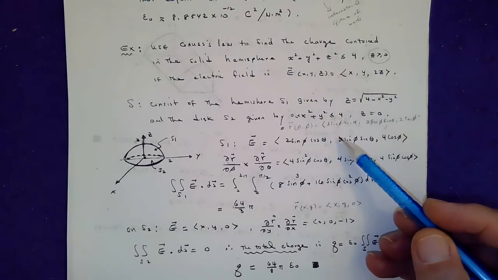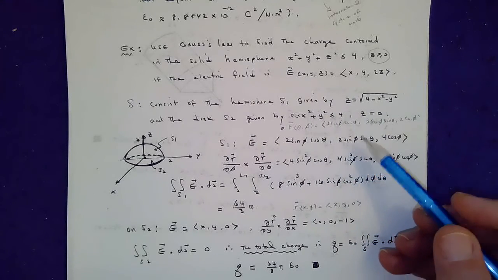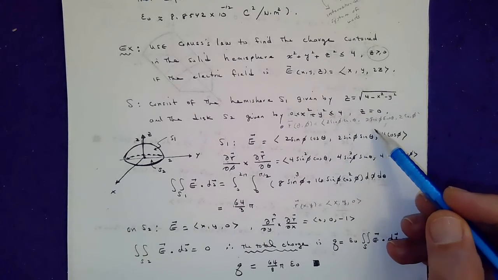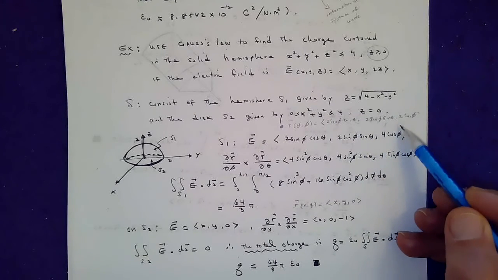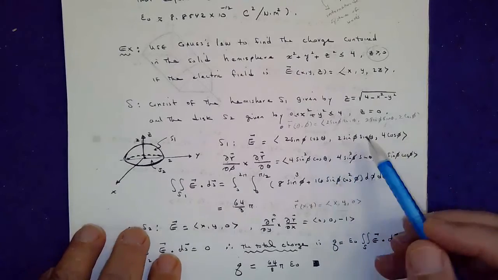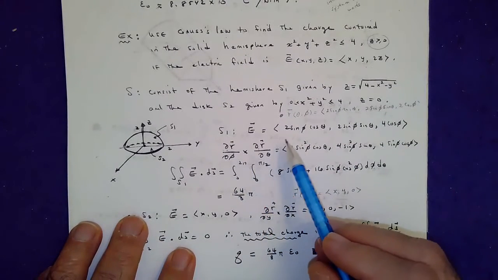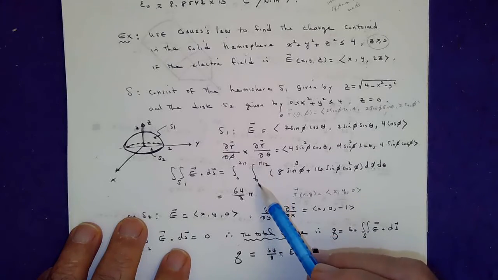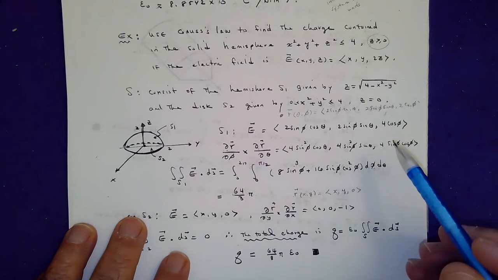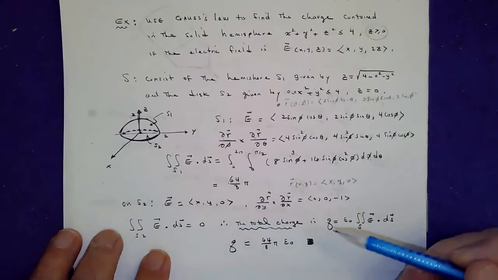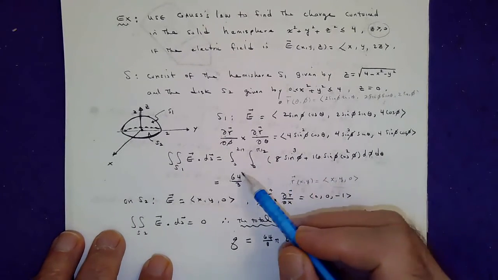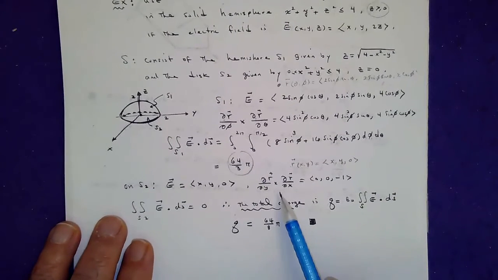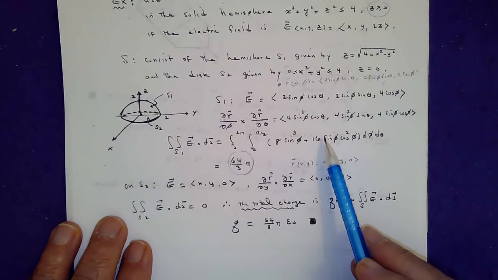Remember, x is rho sine phi cosine theta, y is rho sine phi sine theta, and z is rho cosine phi. Parameterize it, take the partials with respect to phi and theta, and cross product them so you can get a normal vector, and then follow the formula, and lo and behold, you get an answer, which is 64 pi over 3.